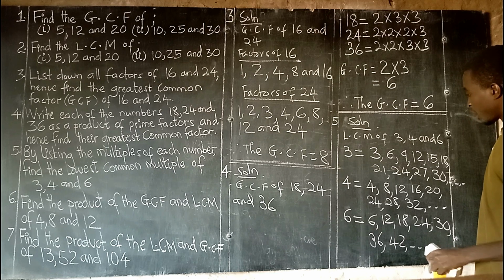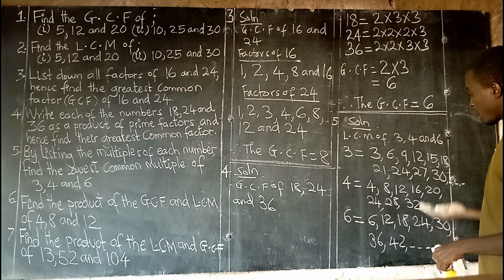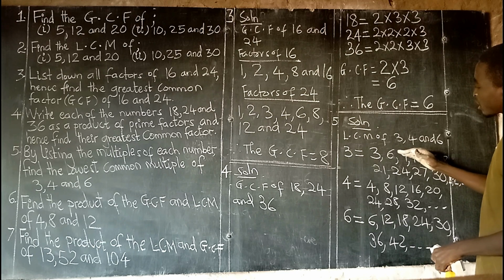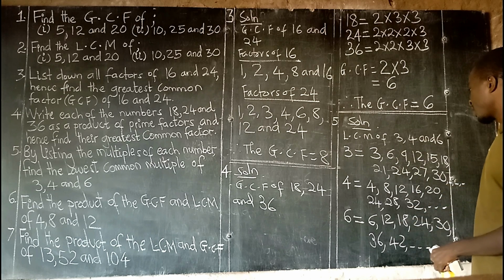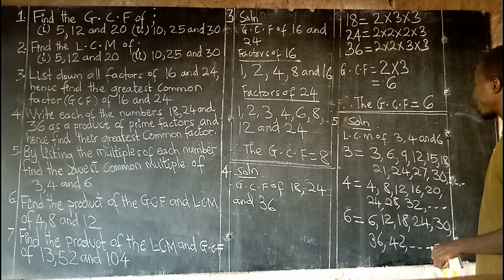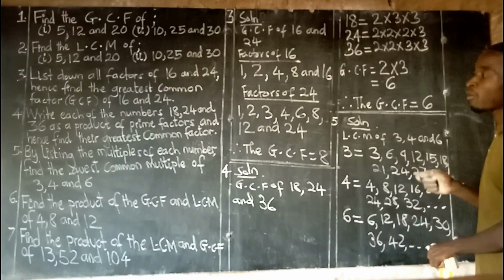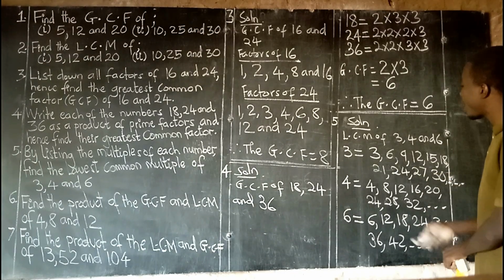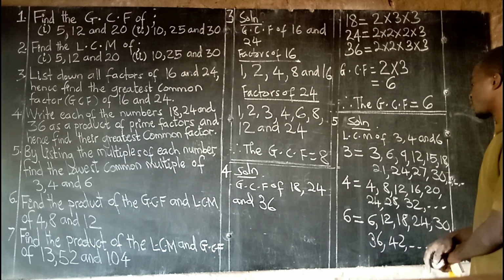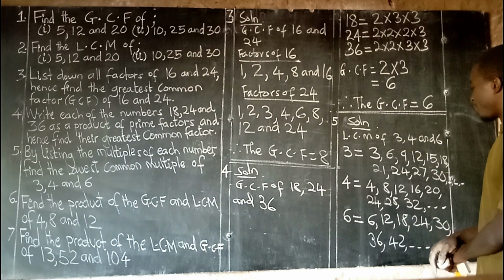So what is meant here is to judge which is the LCM, the lowest common multiple. It means that we have to pass across the multiples of all the 3 numbers, and look for which is the smallest common multiple.